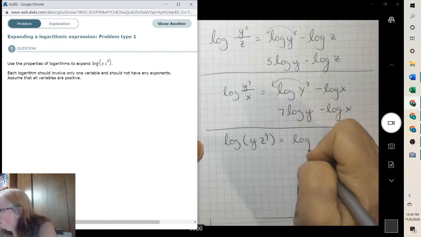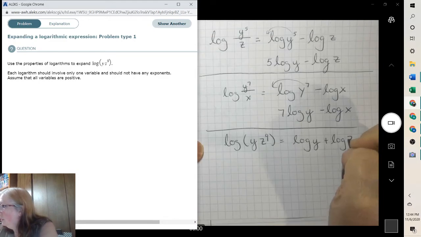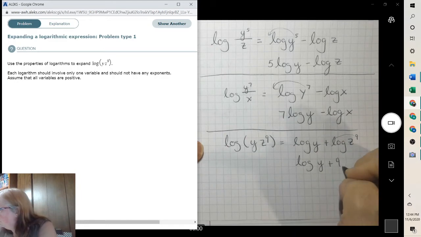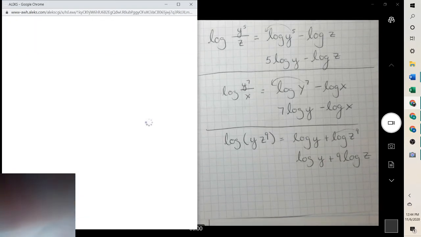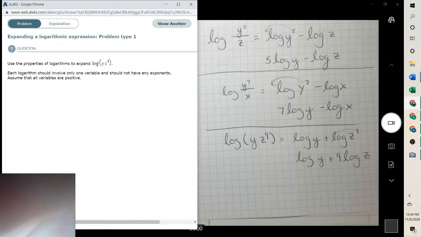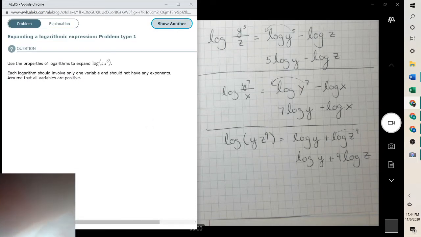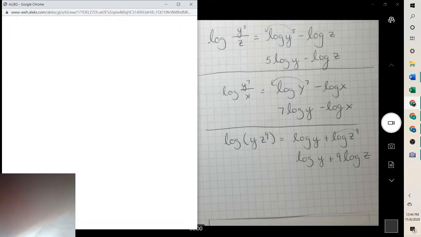We have log y plus log z to the 9th, and then bring your exponent down in front. That's all that's to those. Let's see if there's any other that put all three together. Maybe not. Looks like they're all the same.